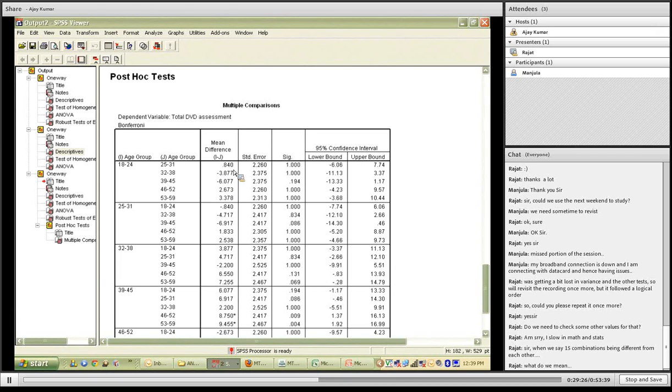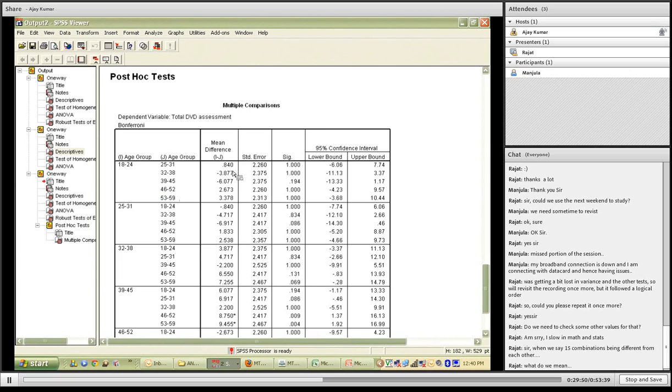Now what is the Bonferroni test that we have applied doing? It is trying to check that the difference which came out to be significant in ANOVA, we are trying to see which combination is actually different from each other. And for that we have checked this group with this group with this one, all possible groups.